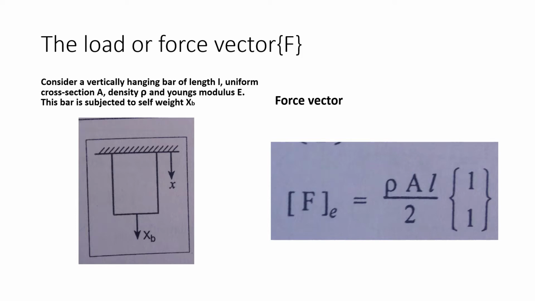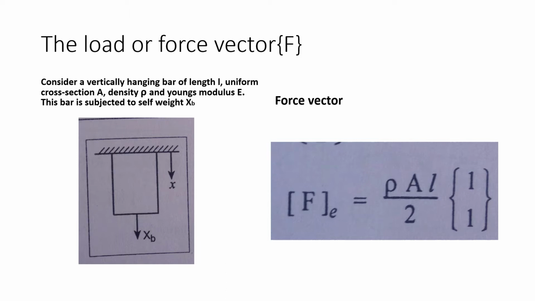Another equation is given here, the load or force vector F. Consider a vertically hanging bar of length small l, uniform cross section capital A, density rho and Young's modulus capital E. The bar is subjected to self-weight since it is hanging.